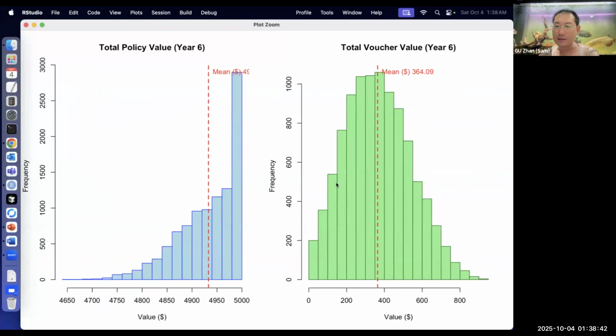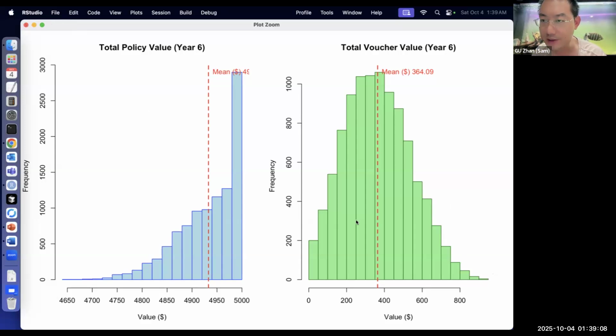So you have a longer tail on the right. This is telling you that these sample distributions might not be normally distributed.